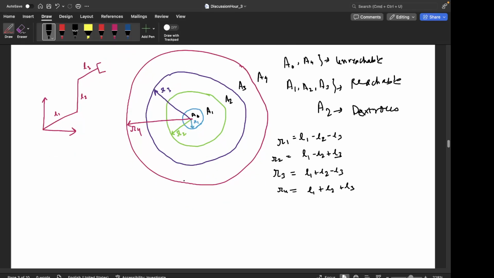And the definition of reachable is that there is at least one configuration in which that end effector pose can be achieved.